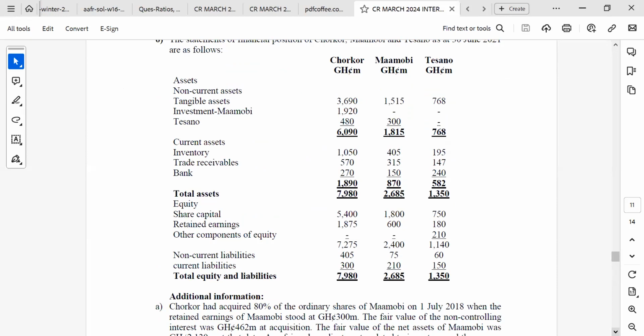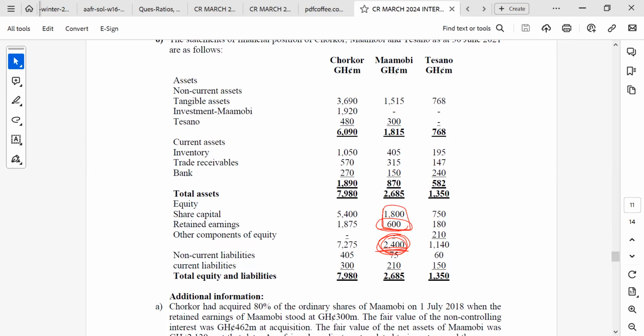Are we okay? From the statement of financial position, it is 2,400. This is their net asset, Mamobi, which is this plus this. These figures are at reporting, isn't it? Yes. But what you do is that you have to adjust them, because in the retained earnings there are certain things that happened during the year which have not been taken into consideration. So how do you adjust those?